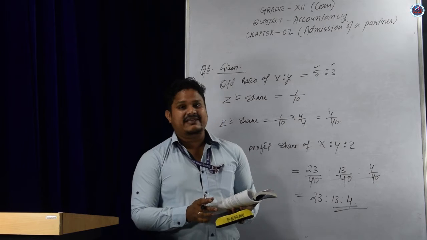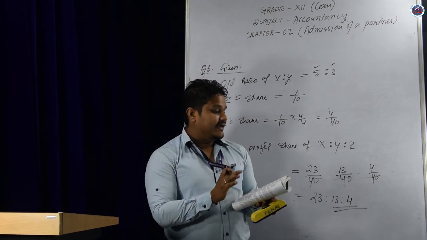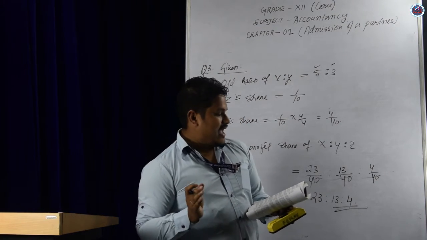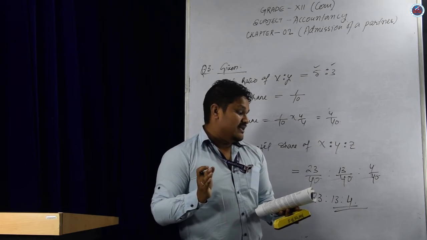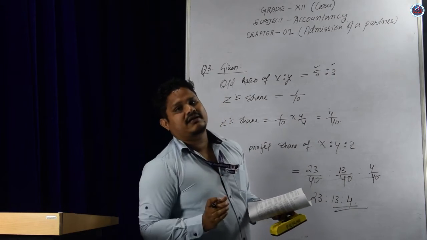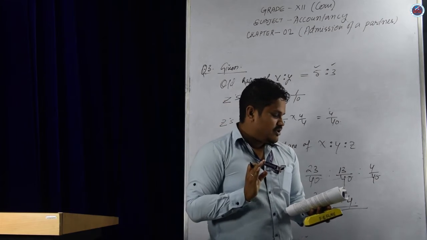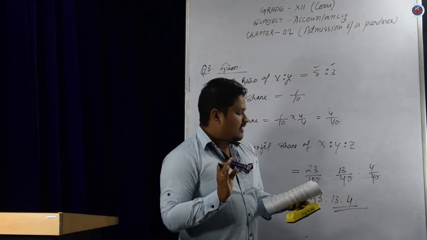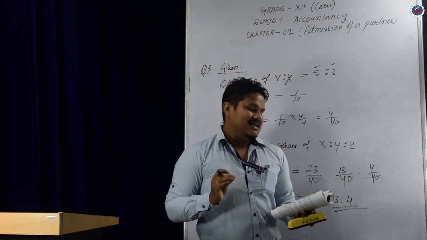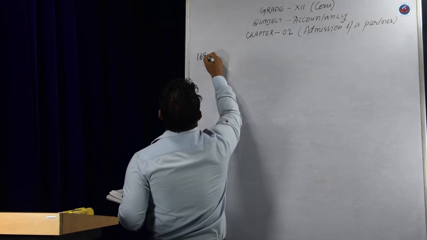D is admitted for 1 by 8 share, which he takes entirely from A. That means this share of profit will be given by A only, so B and C's shares remain the same. We are asked to calculate the new profit sharing ratio of A, B, C and D.